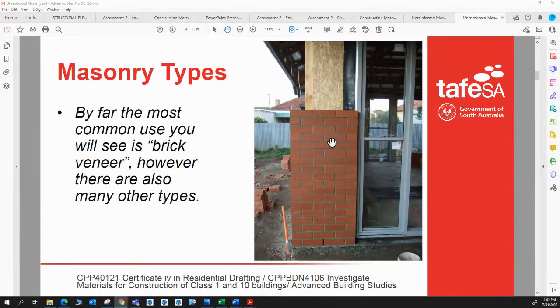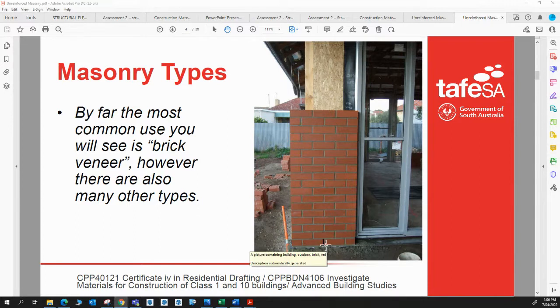And here in this image, we can see the start of brickwork. So this is the first day's work up to this point, all troweled off and pointed nicely. And down the bottom here, we can see a weep hole. That's to let moisture exit out.